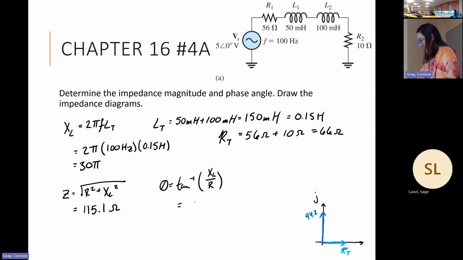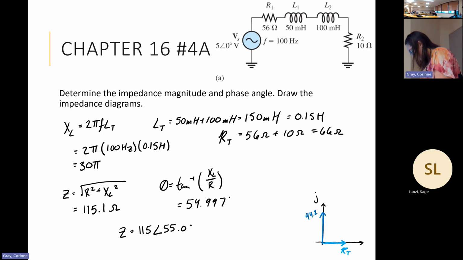This one I'm a little more confident in. I got 54.997 degrees, so 55. We haven't rounded yet. What if we needed this for part B? We don't, but it's good practice to have it there. That means that Z is going to be equal to 115 at 54.5 degrees ohms.